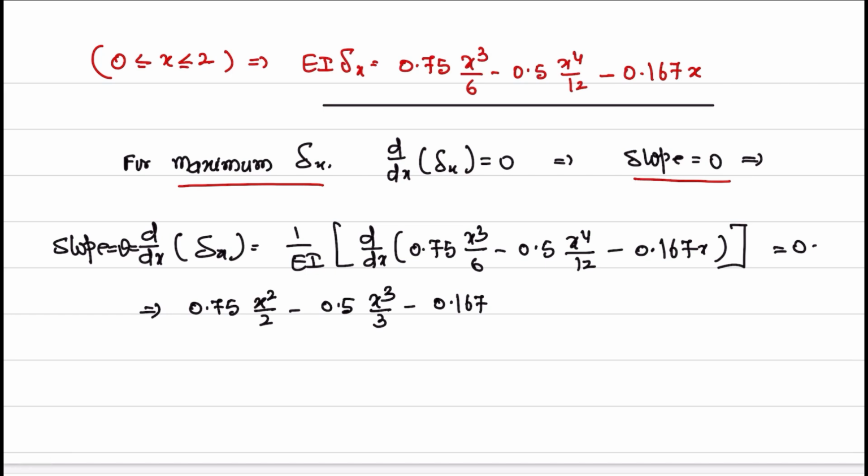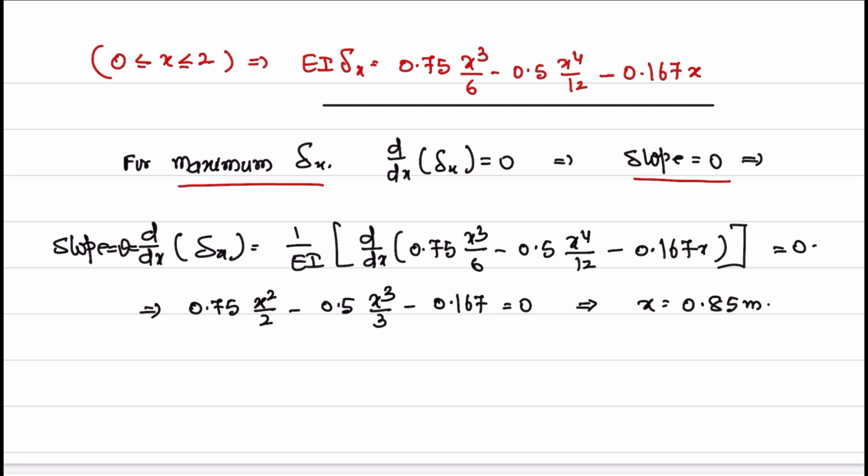This is equal to 0. That gives an x value of 0.85 meters. Please solve the polynomial equation, which is a part of your mathematics.